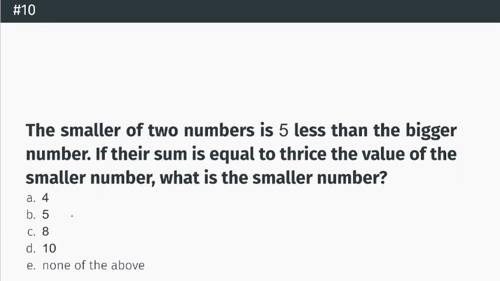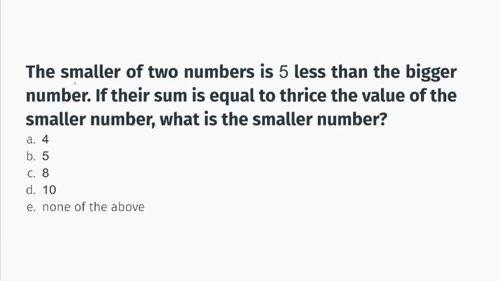Next, let's move on to number 10. So the smaller of the two numbers is 5 less than the bigger number. If their sum is equal to thrice the value of the smaller number, what is the smaller number? So let us have some variable here. So let the smaller number be x, and okay, so it's not a good idea.